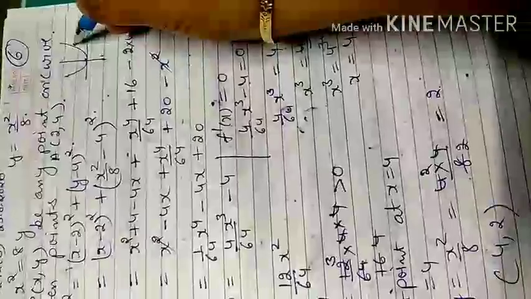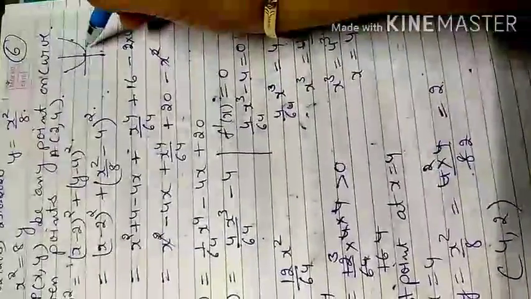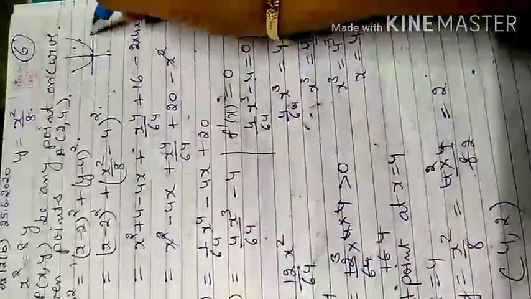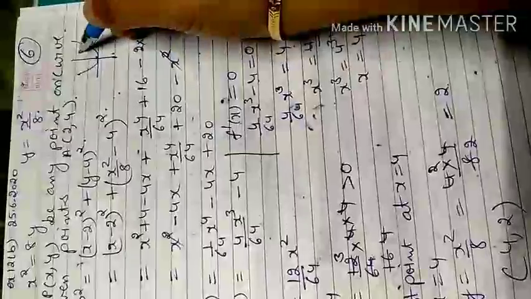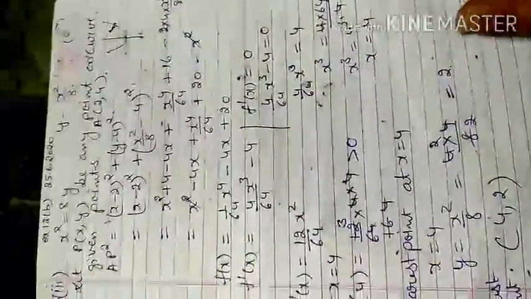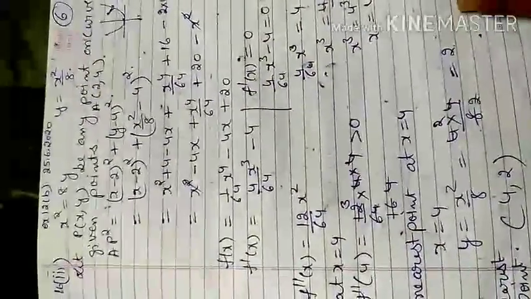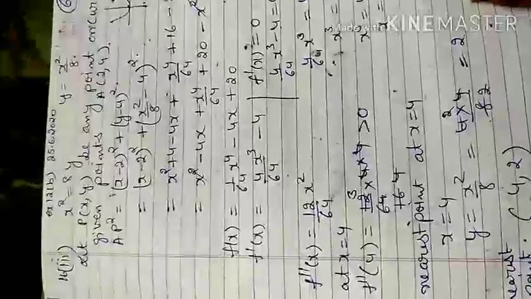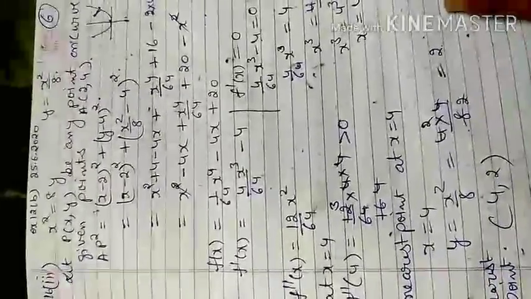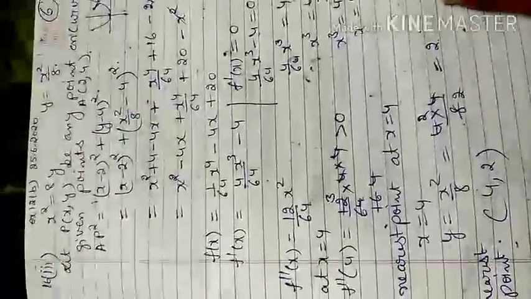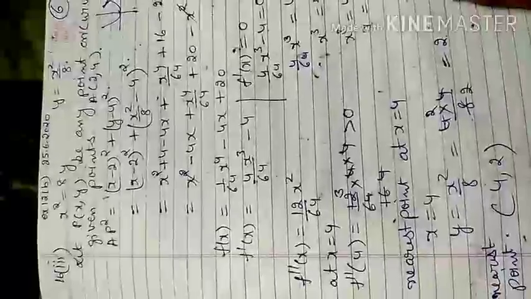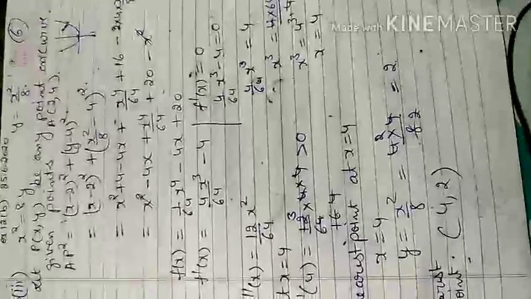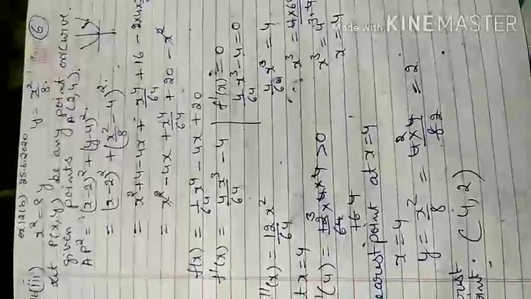So any point lying on the plane 2 comma 4 can be here, anywhere, and from that particular point to 2 comma 4, you have to find the shortest distance and the coordinates. What will be the coordinates of the point on the curve which gives you the shortest distance? If this is the condition, you have to find the shortest distance also.